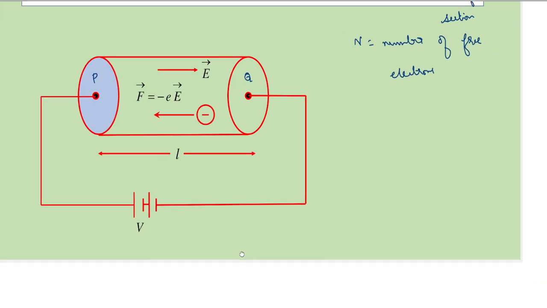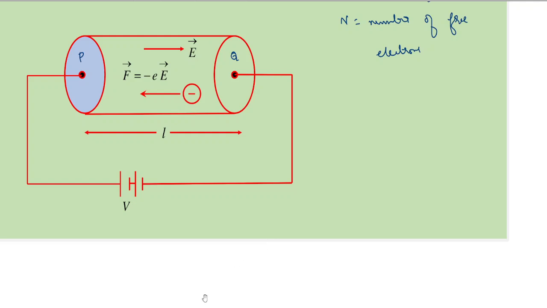We have learned in the free electron model that the electrons will move randomly, which means that before applying the electric field, the electrons will have their own initial velocities.